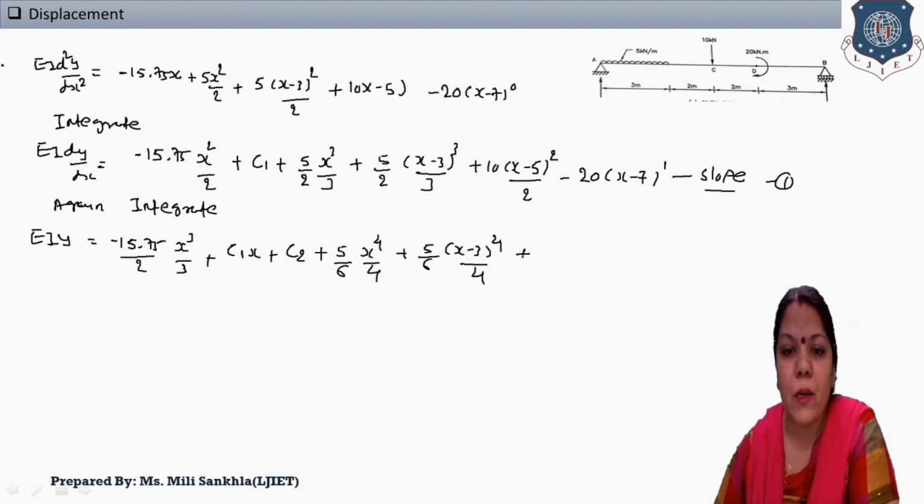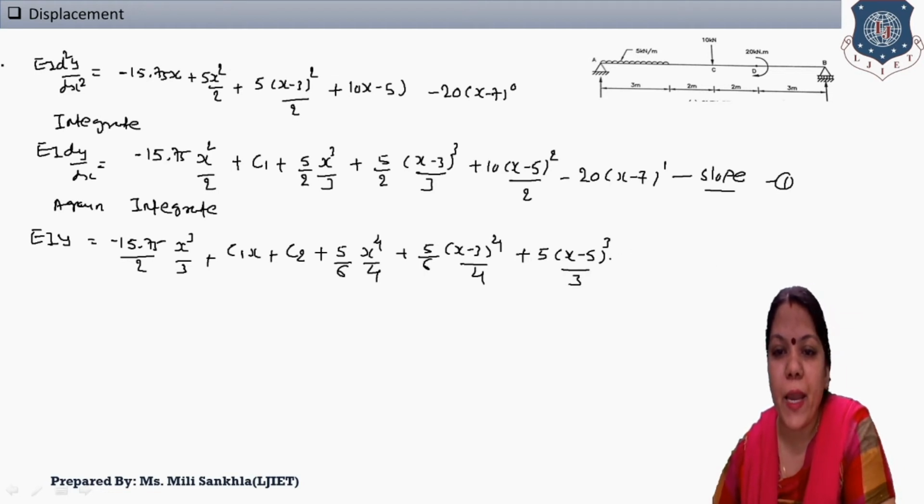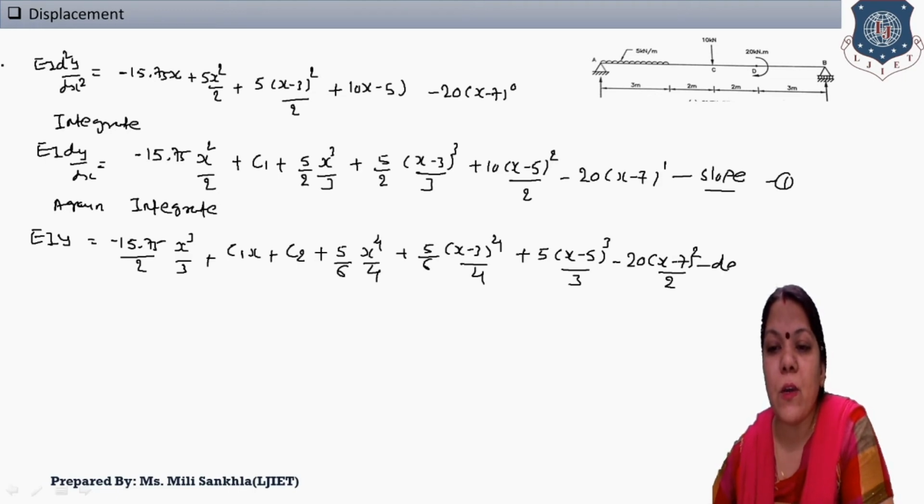Then divide 10 by 2, that is 5, (x − 5)³ by 3, and minus 20 (x − 7)² by 2, and this is the equation of deflection. This is our second equation.